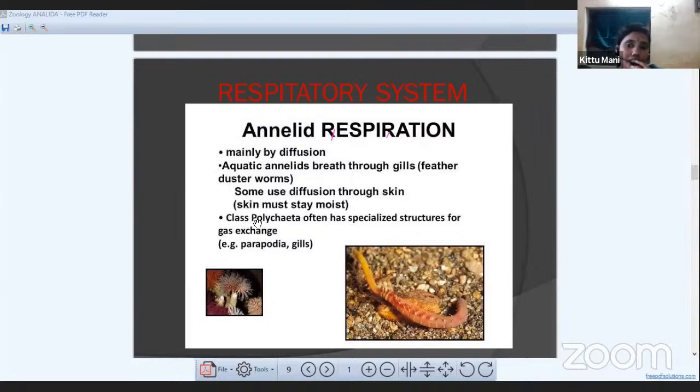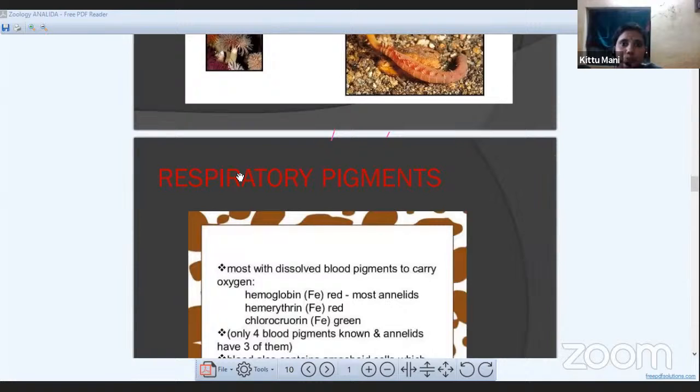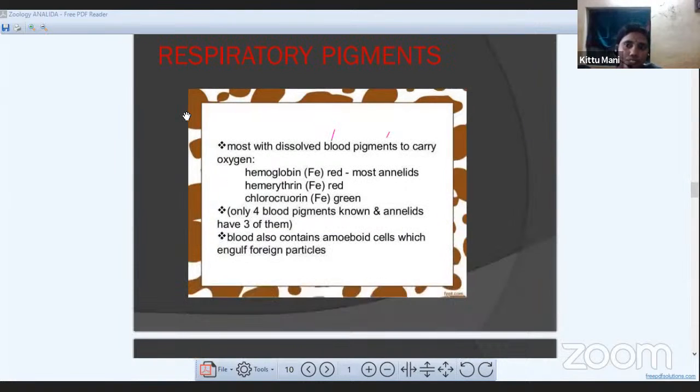Tube within the tube organization means here two openings are there, the mouth anteriorly and the anus posteriorly, meaning a complete gut is present. A complete gut is present in the annelids also. This type of digestive system is called a tube within the tube digestive system.